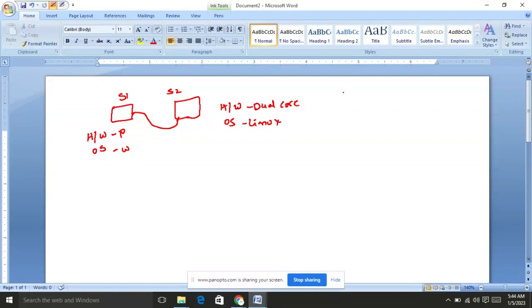So the main objective of the OSI reference model is a seamless way of communication. That means we establish communication between the two systems without any hurdle or any problems. So this is the main objective of the OSI reference model.